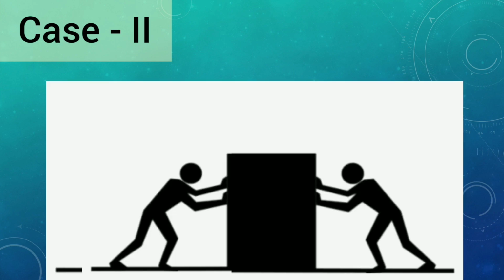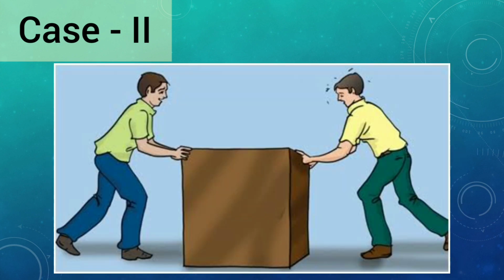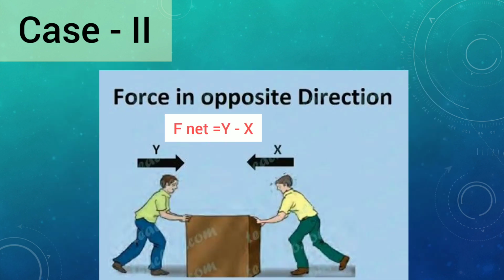Suppose there is a heavy box lying on the ground. Let two men or two boys push this box from opposite directions. Assuming that one of the men is stronger of the two and applies a larger pushing force than the other man, we can say that the box will move in the direction in which a larger force is applied by the stronger man.